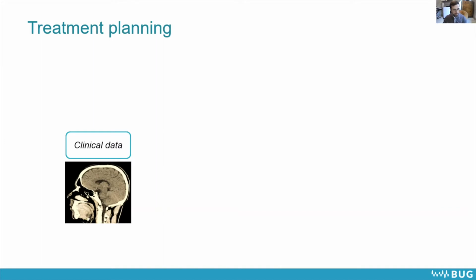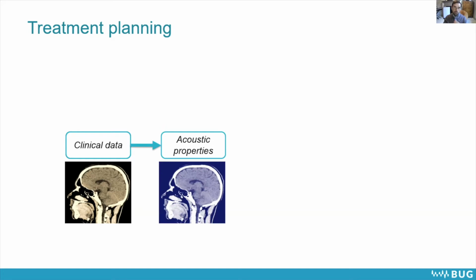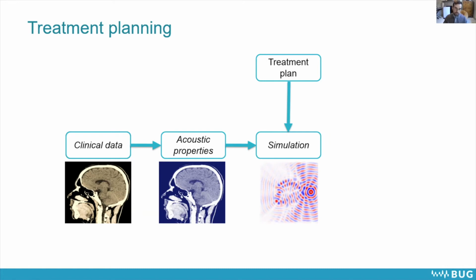Then, using some methods, we derive a model of the acoustic properties of the head for the subject we're interested in. And we use such a model together with a provisional treatment plan to simulate, using computational modeling, what the ultrasound field is going to look like in the brain.